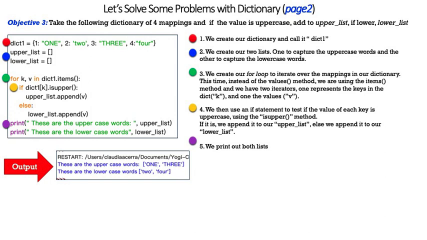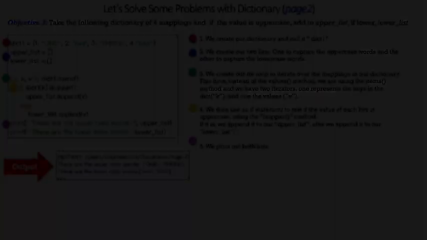If it is, we append that one to our upper list. If it's not, we append it to our lower list. We then print out both lists. So what do we get? Here's our output. These are the uppercase words, 1 and 3. These are the lowercase words, 2 and 4. So it works exactly as designed.